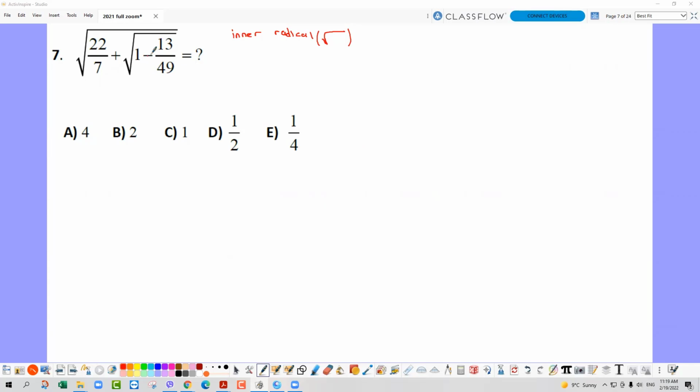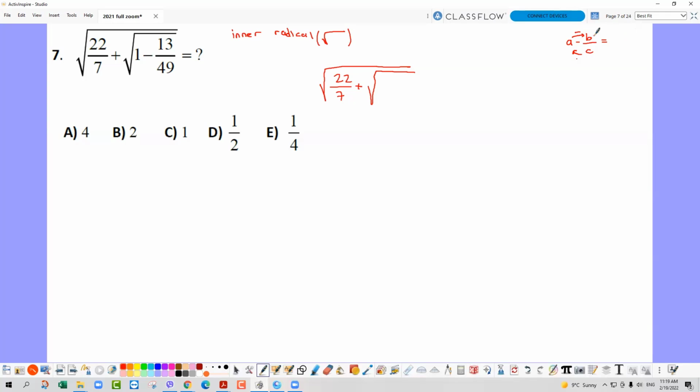I'm going to start firstly from root of 1 minus 13 over 49. So it's going to be like 22 divided by 7 plus square root. Before writing this one, I want to mention the rule here. If we have a minus b over c, we are going to multiply a and c, and then subtract b from ac, because of this subtraction sign.